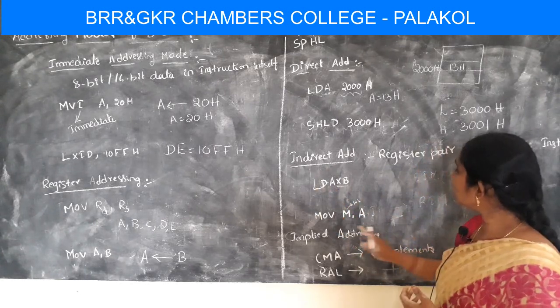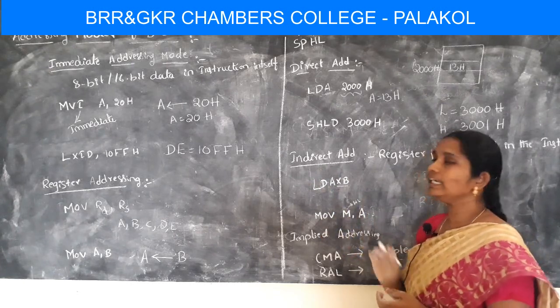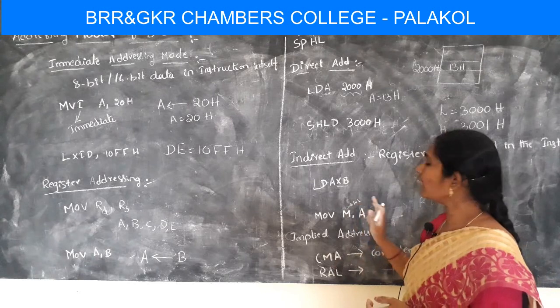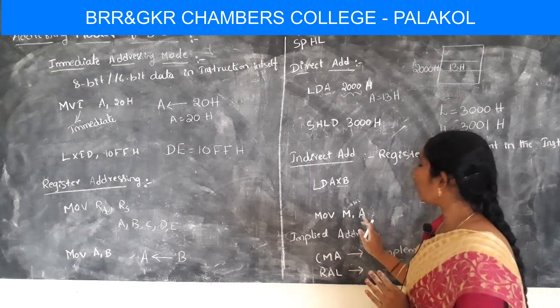After that, MOV M, A. Here M indicates the HL register pair. For example, 13H is there in the accumulator.